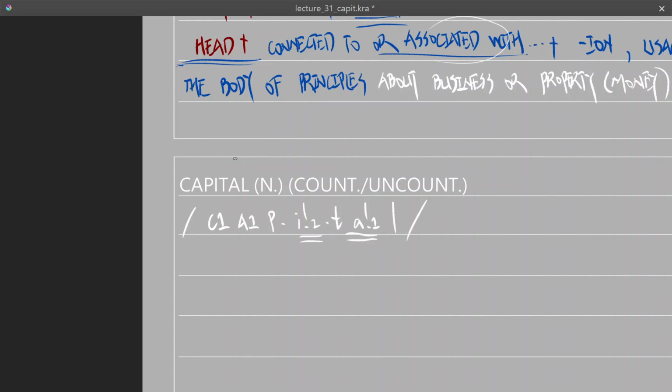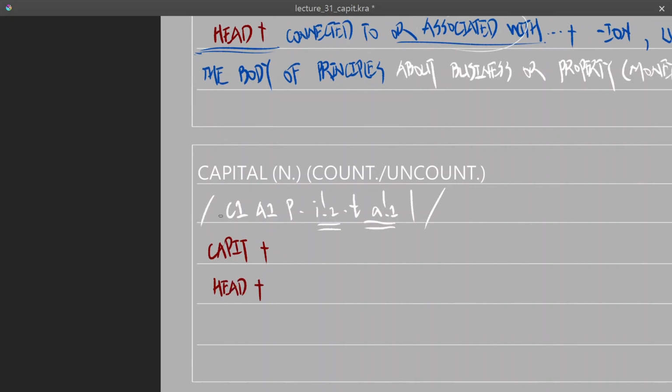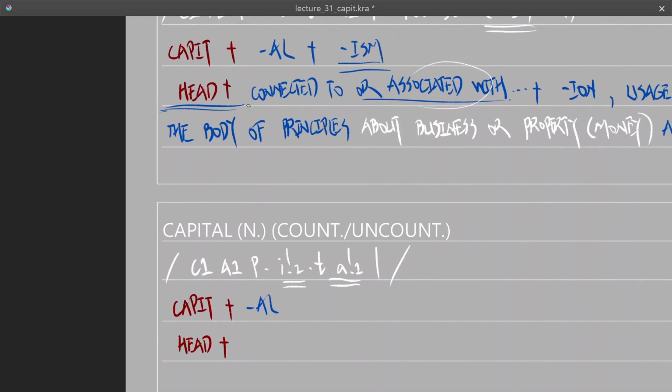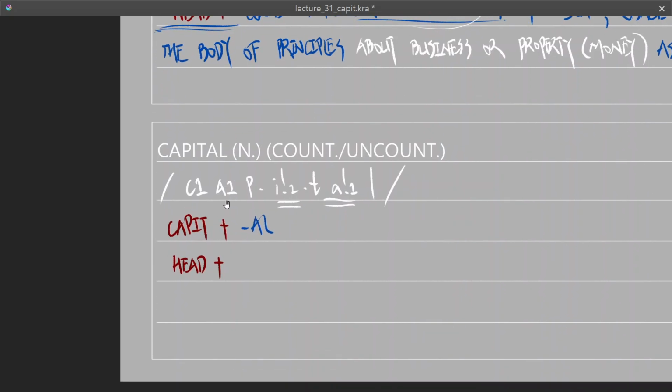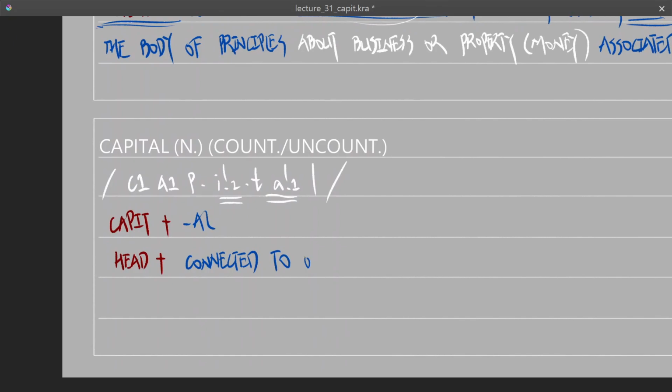Alright, so capital. We have the root CAPIT, meaning head. And we have AL, a noun suffix, meaning connected to or associated with something.